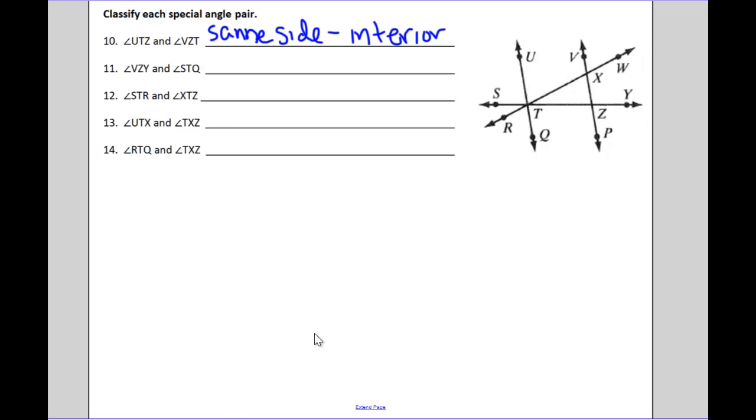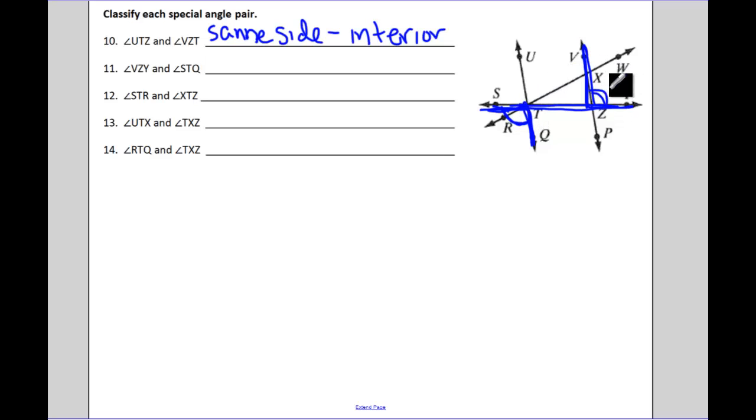Okay, next one. VZY and STQ. Well, SY is my transversal. I'm talking about this angle here and that angle there.